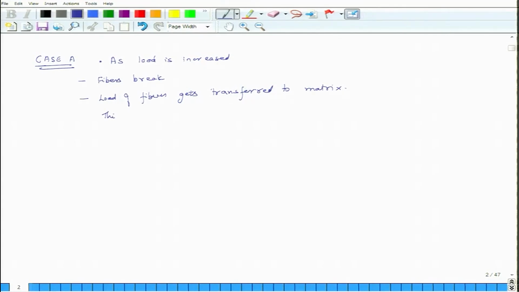This additional load on the matrix is not very large. Hence, the matrix can handle the extra load.